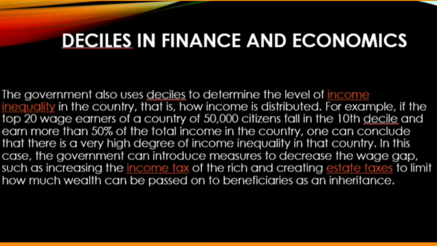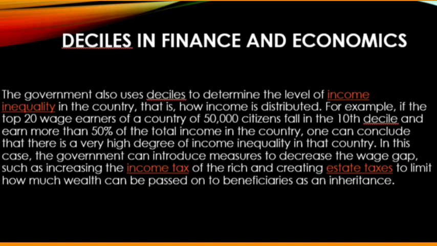The government also uses deciles to determine the level of income inequality in the country. That is, how income is distributed. For example, if the top 20 wage earners of a country of 50,000 citizens fall in the 10th decile and earn more than 50% of the total income in the country, one can conclude that there is a very high degree of income inequality in that country.